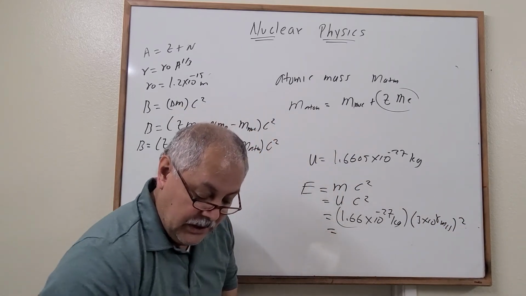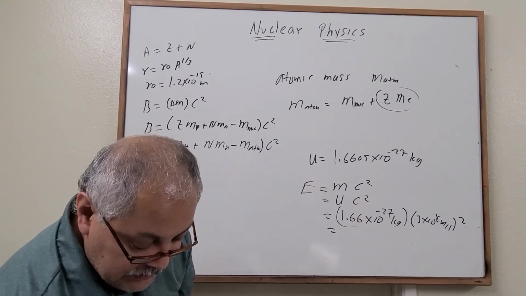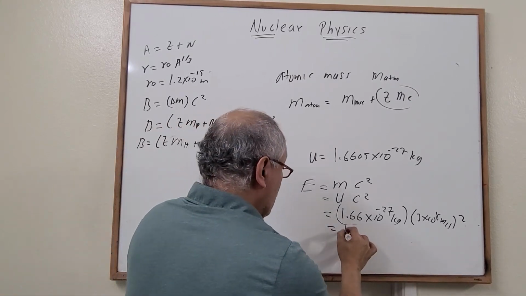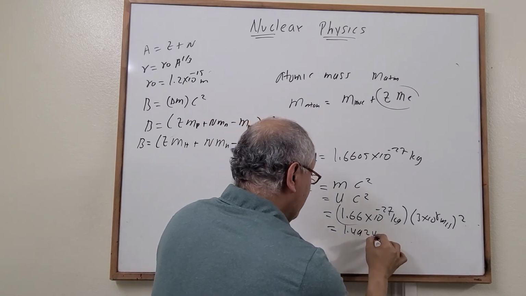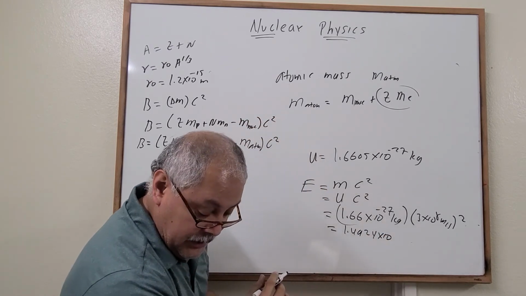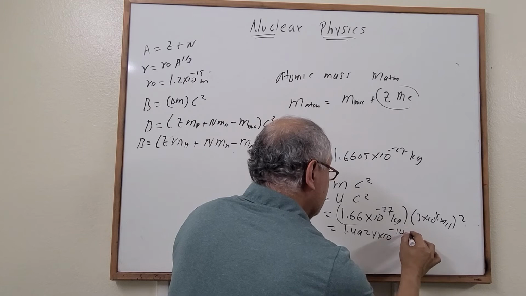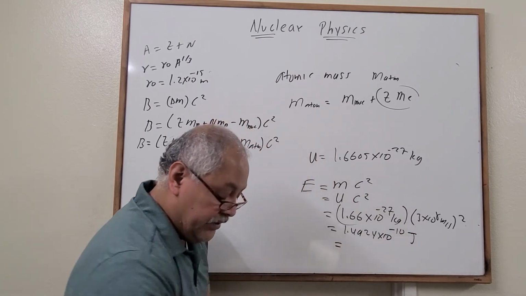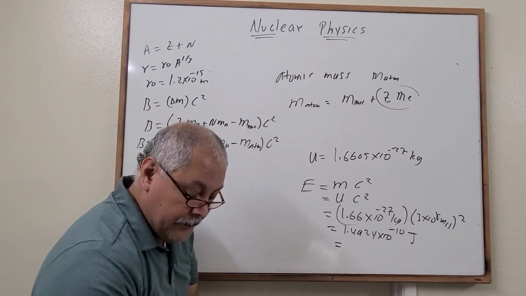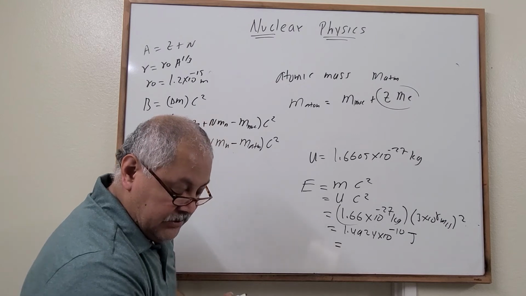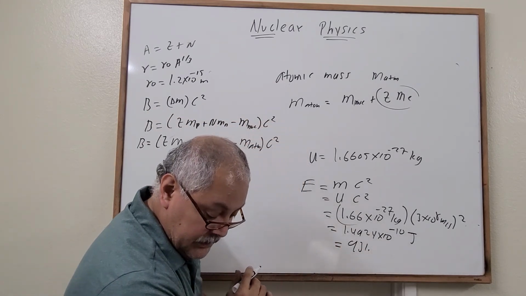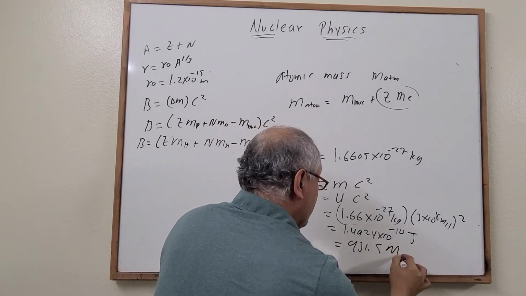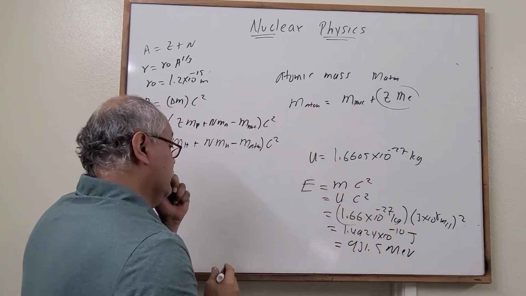When we do this calculation, it's equal to 1.4924 times 10 to the negative 10 joules. Also, we convert this into electron volts. It's equal to 931.5 mega electron volts. Correct.